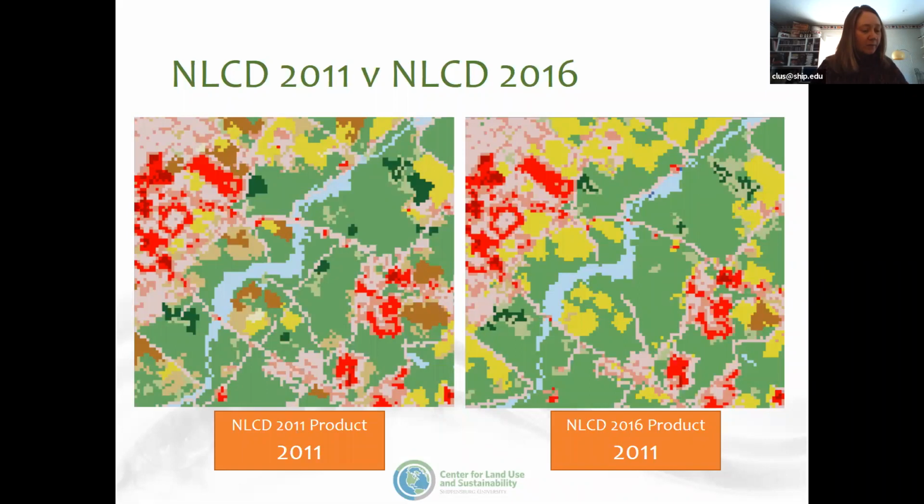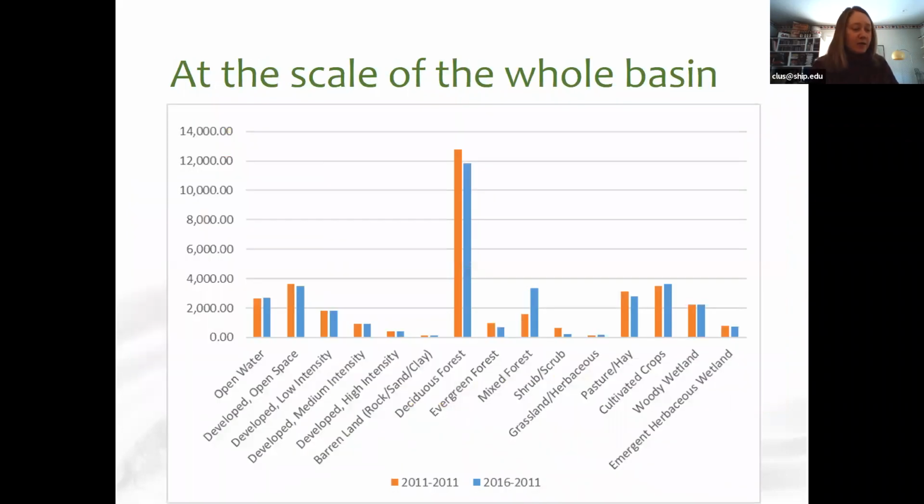So when we look at the scale of the whole basin, again, the 2011 edition is in orange, the 2016 edition is in blue, and this is a comparison of the area of each land cover type that these two different editions estimate for the year 2011.